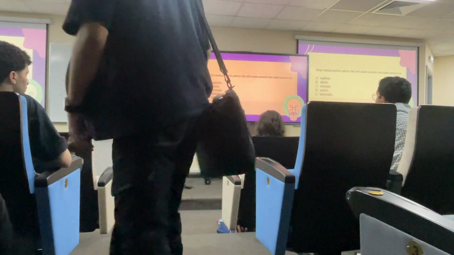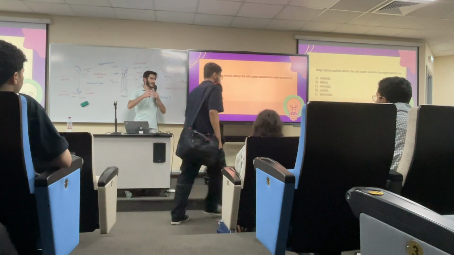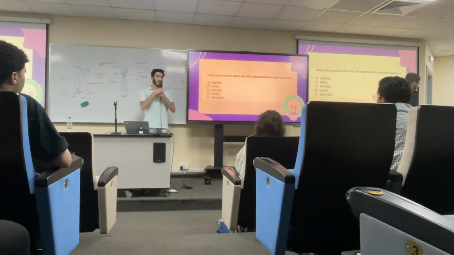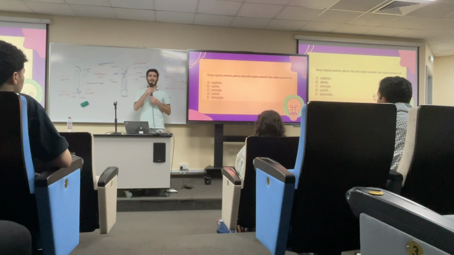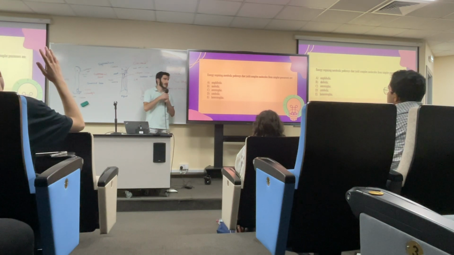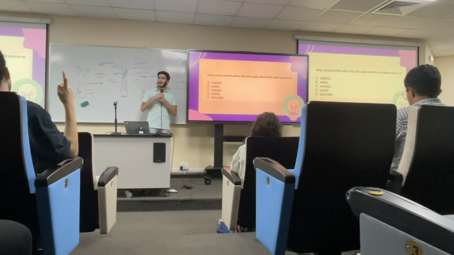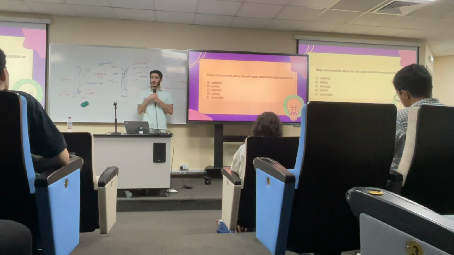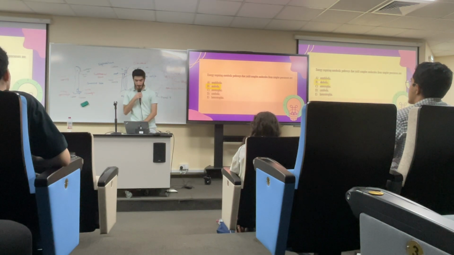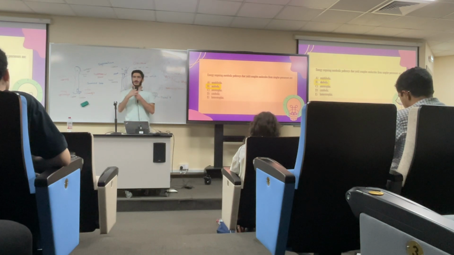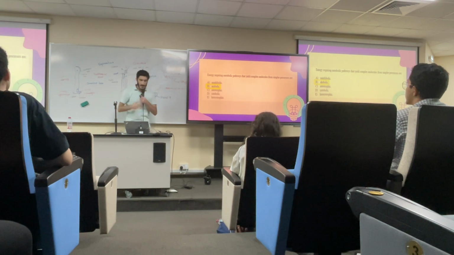Okay, so for the next question, when you form complex molecules from smaller ones, what is the type of metabolism involved in that? B, anabolic, that's correct. So what's catabolic? Anabolic has another name.